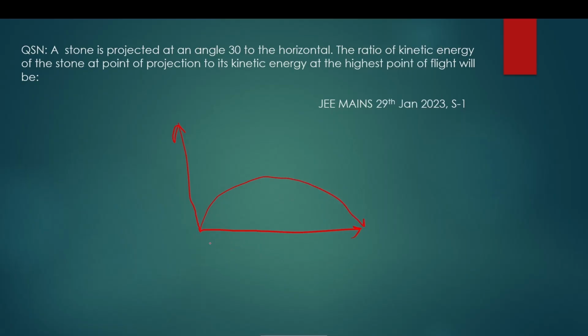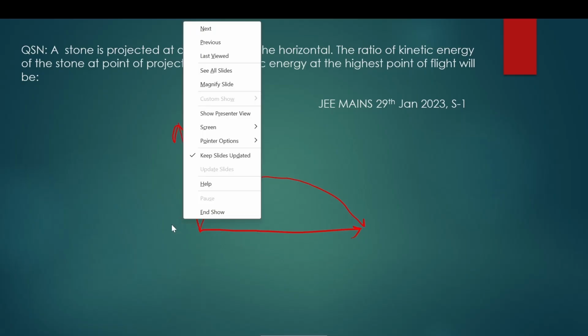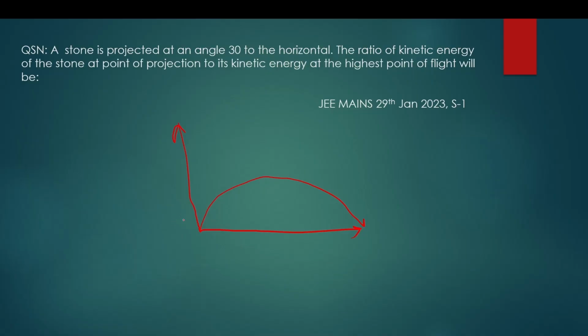So the projection is like this, and it's moving with a velocity u. At the topmost position it is moving in this direction with u cos 30 degrees, since it is making an angle 30 degrees with the horizontal, which equals root 3 by 2 u.